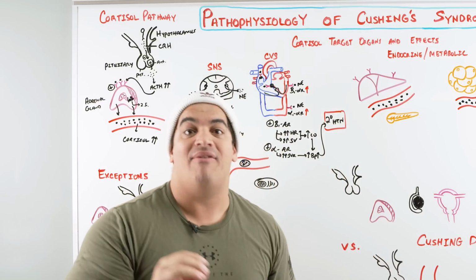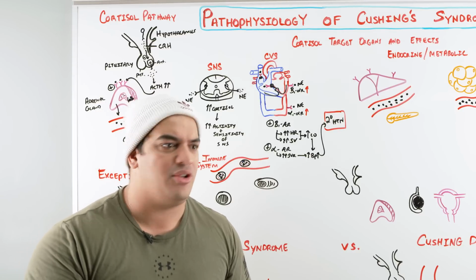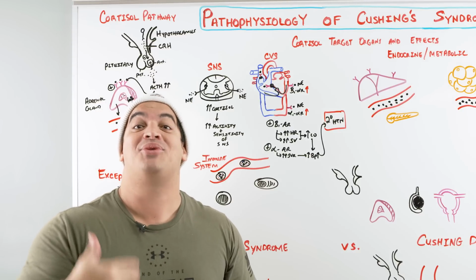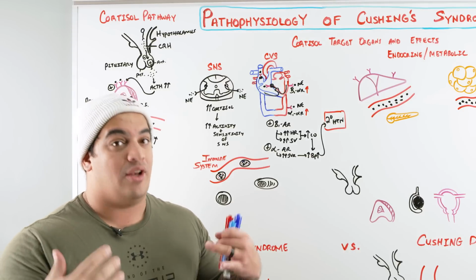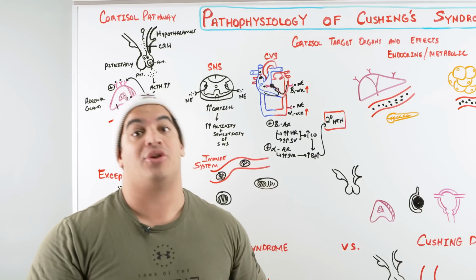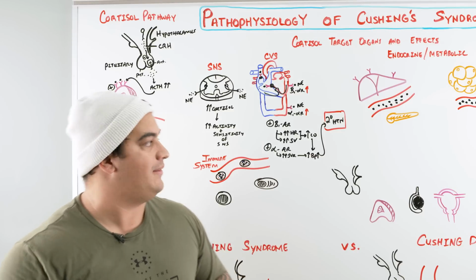So basically they have very high blood pressure, and their blood pressure doesn't typically respond to 1, 2, sometimes 3 antihypertensives. So that's really important to remember in the clinical vignette: you have a patient coming with high blood pressure, still having high blood pressure despite multiple antihypertensives.